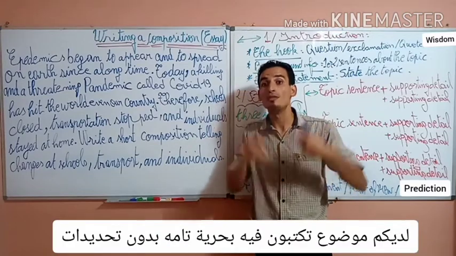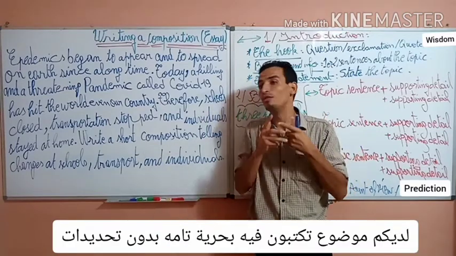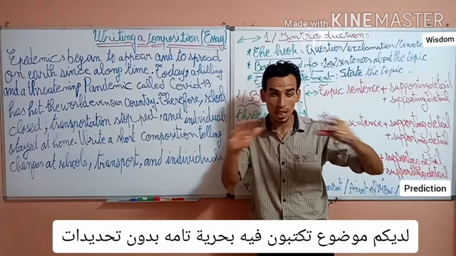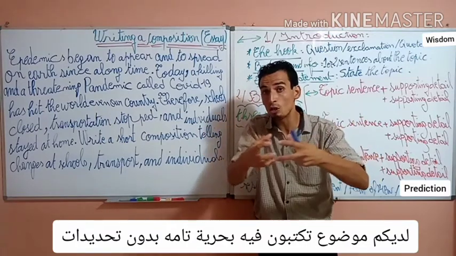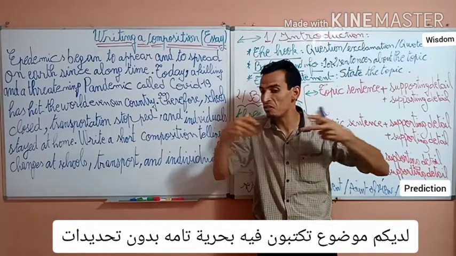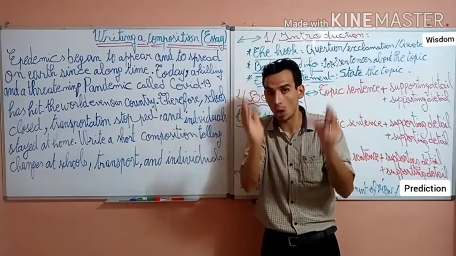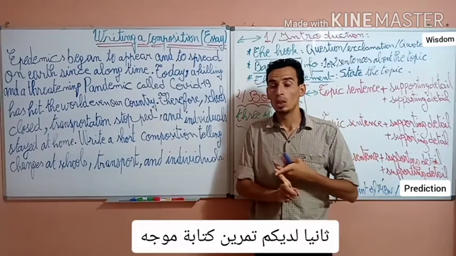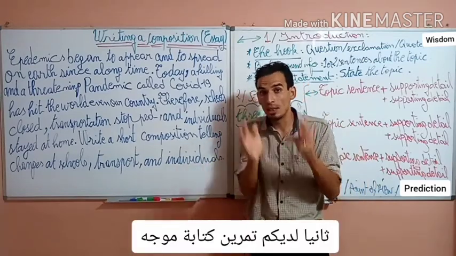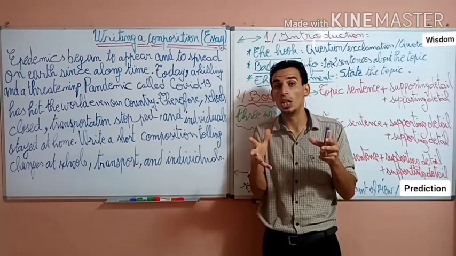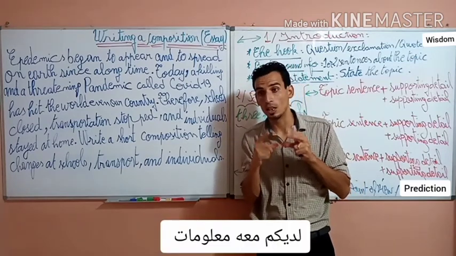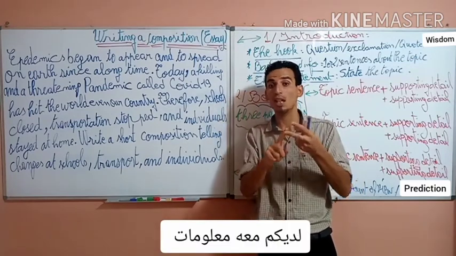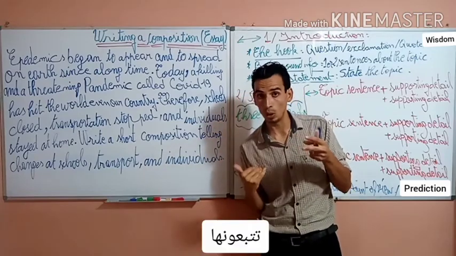One is a free writing, so you write freely without any restrictions. You are free to write whatever you want. This is number 1. Number 2 is guided writing, where the topic has information that you follow.